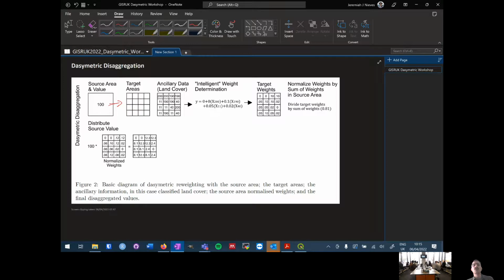You're using some sort of observed data, and so ancillary data being informative data that's other than population. In this case, an example, land cover, and you have population count data of some sort. Now, there's two main ways you can train this model, right?